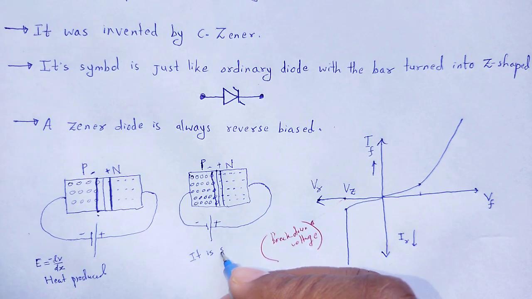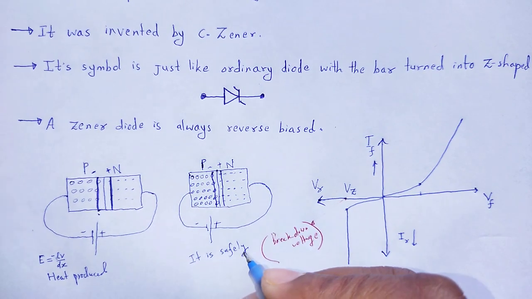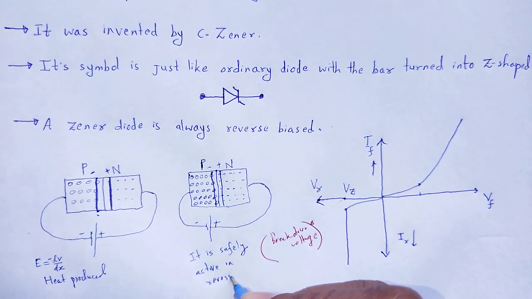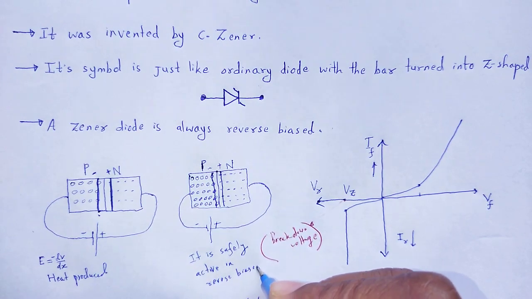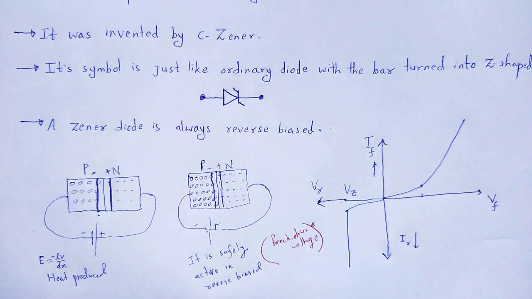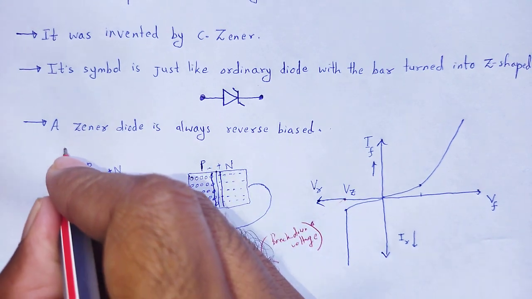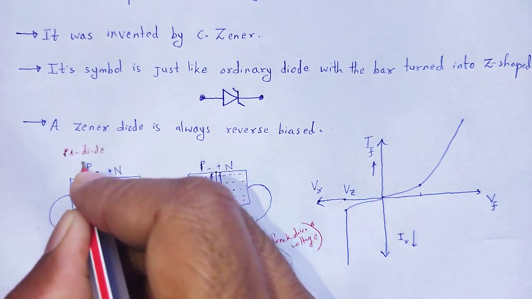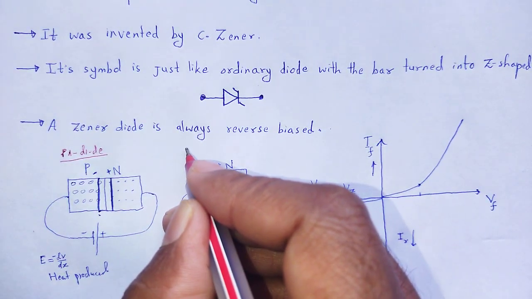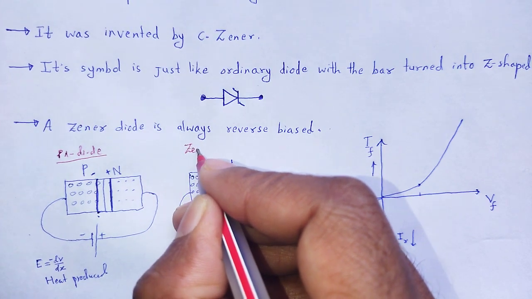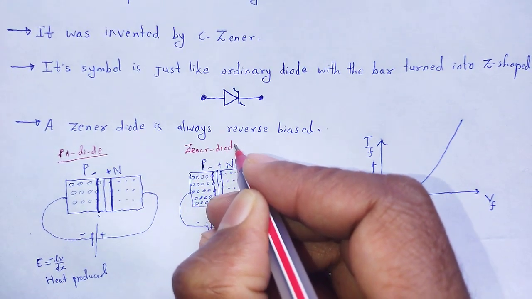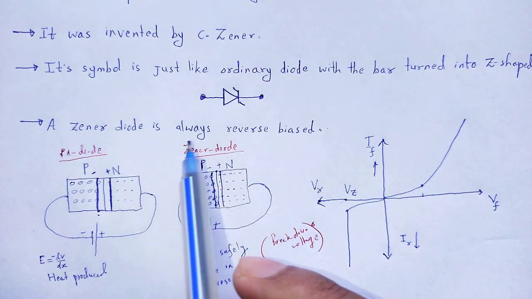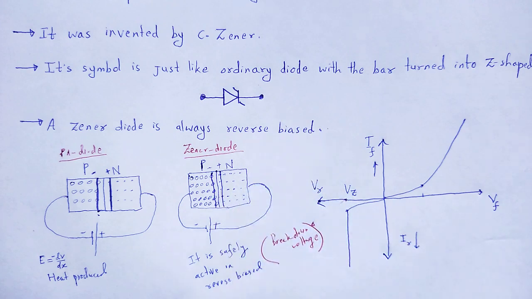It is safely active in reverse biased. This is the PN junction diode, that one is Zener diode. This is the normal junction diode, that one is Zener diode. As we say, Zener diode is always in reverse bias situation.